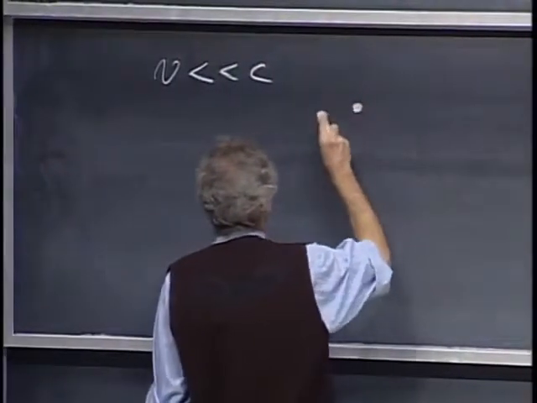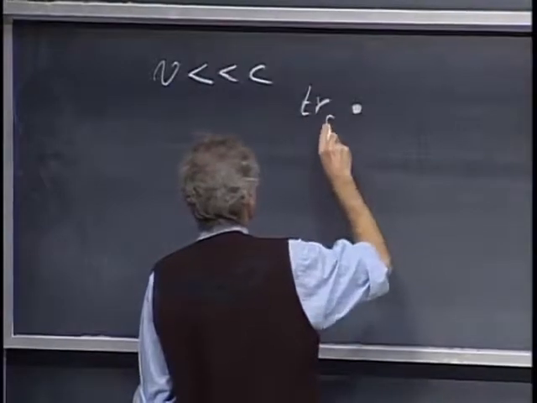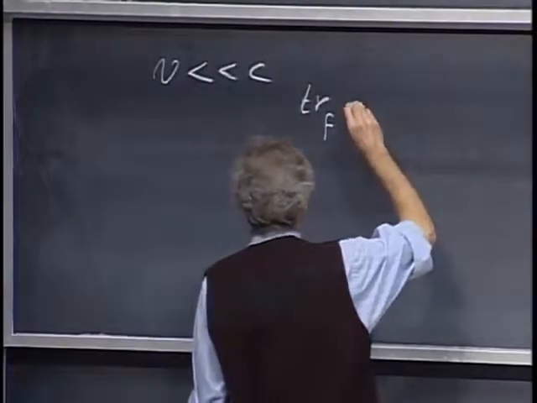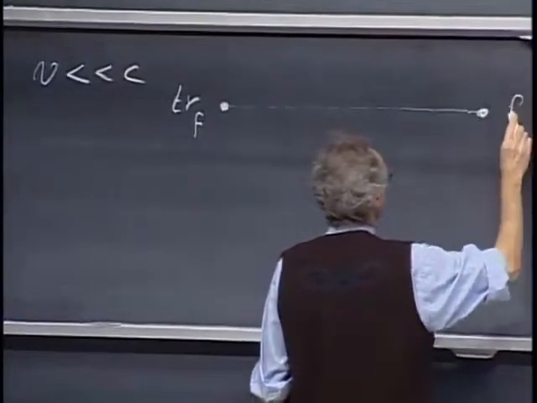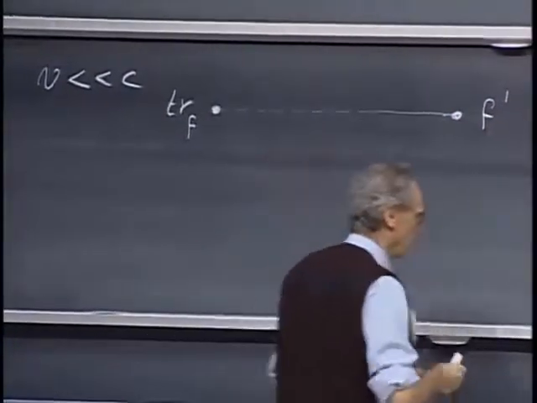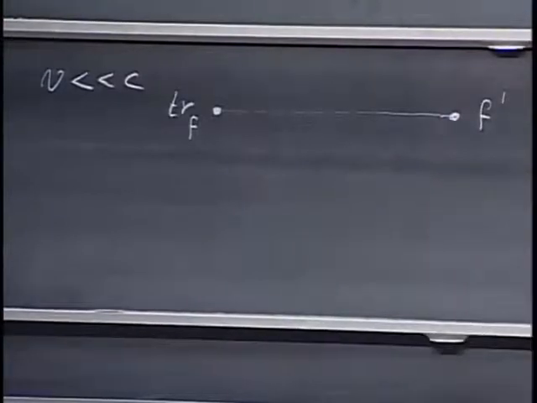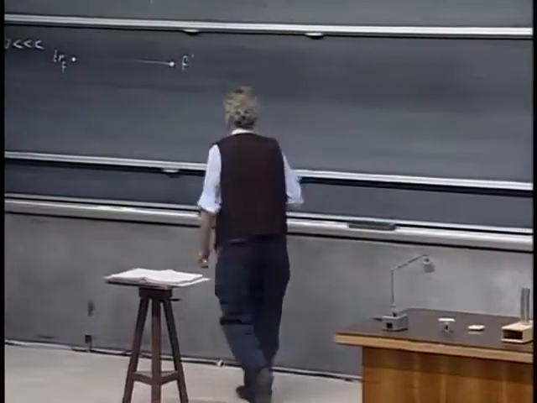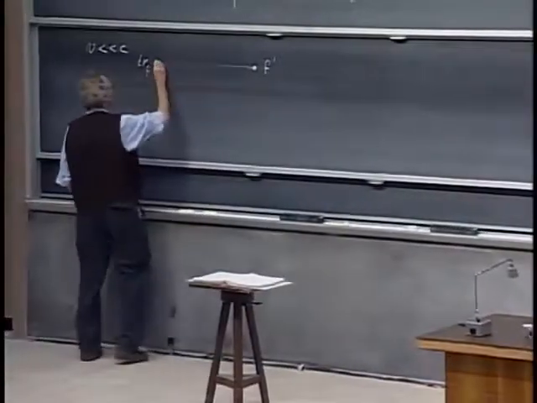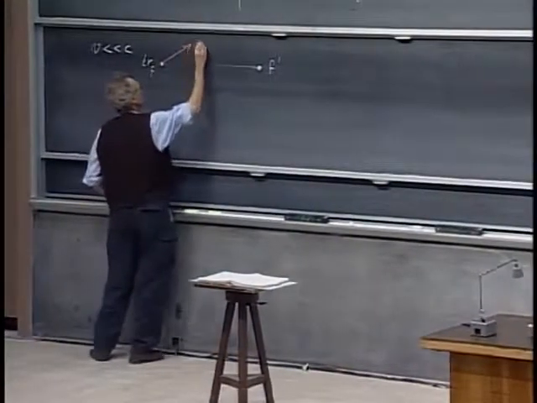Let this be the transmitter, which produces frequency f, and here is the receiver, which receives a frequency f prime. And let the velocity of the source of electromagnetic radiation be v.